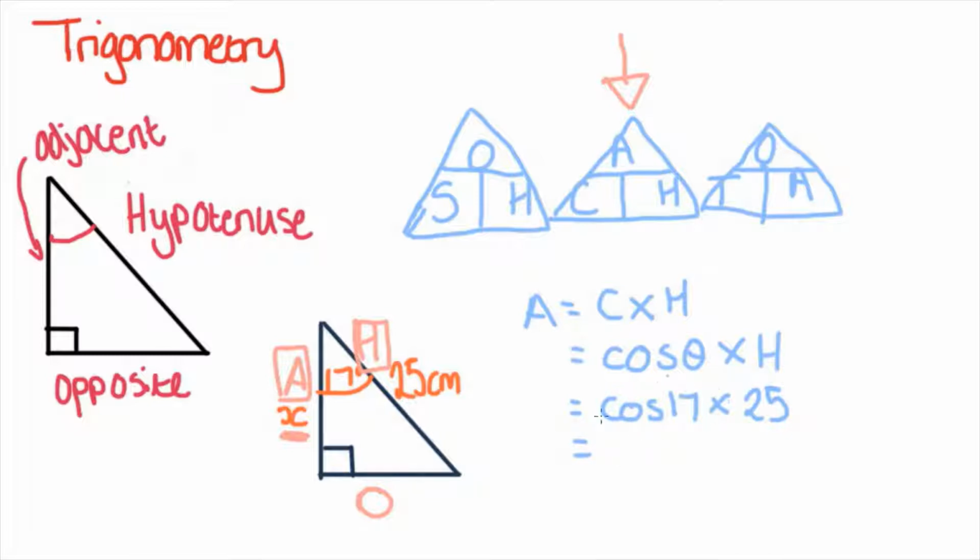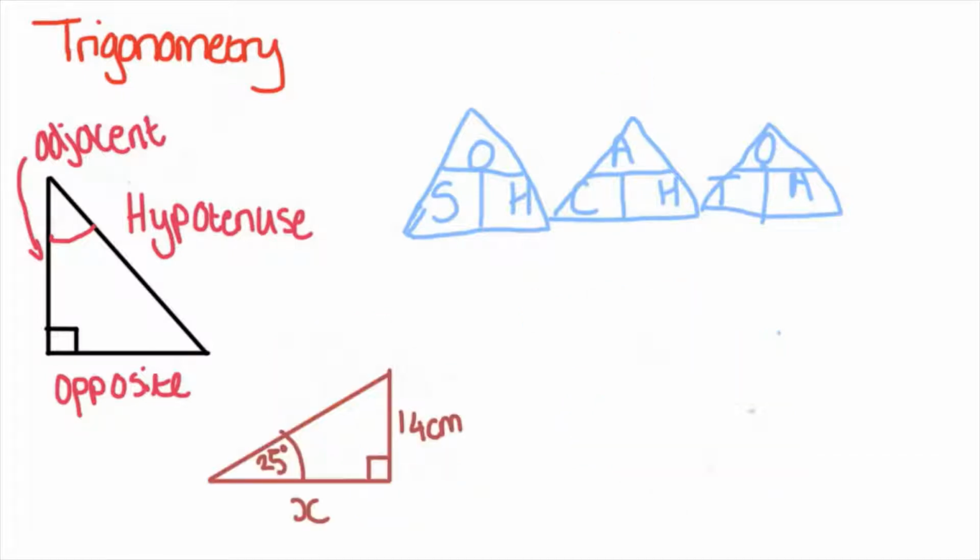And then we just put cos 17 into our calculators, and we multiply that by 25, and we find our final answer will be 23.9 centimetres.